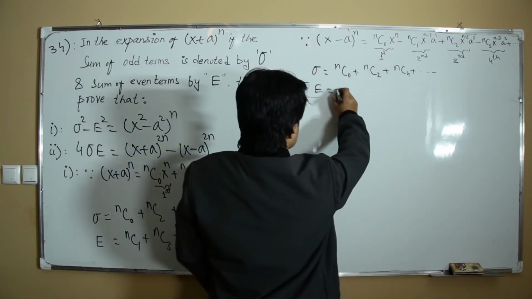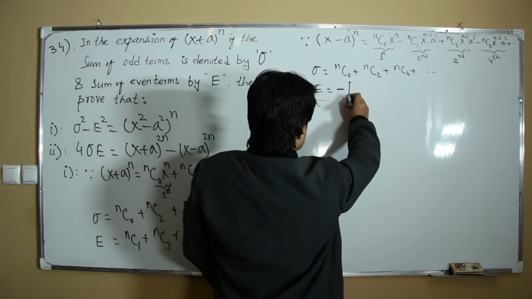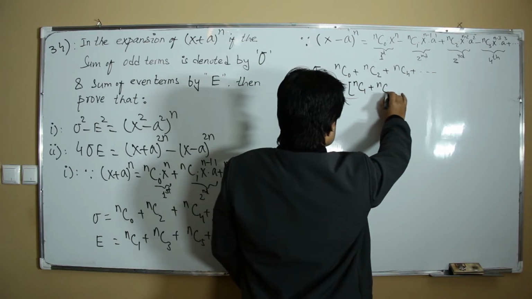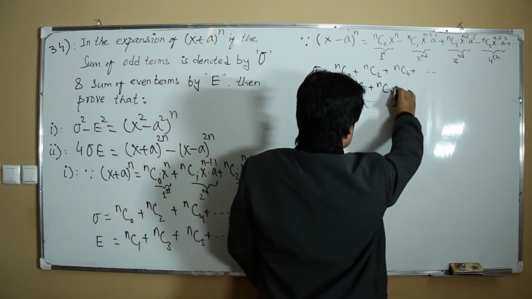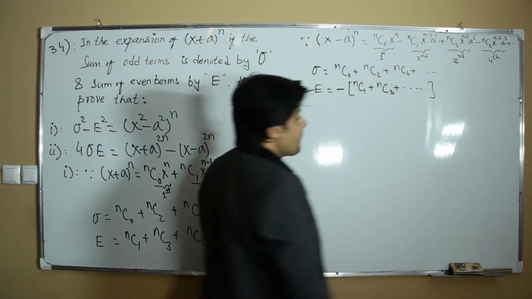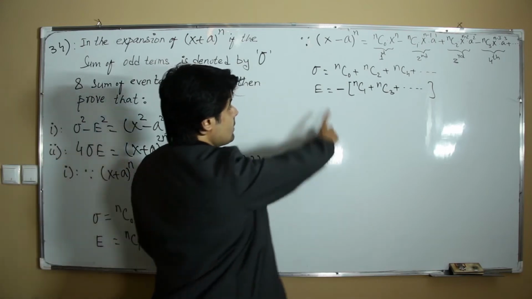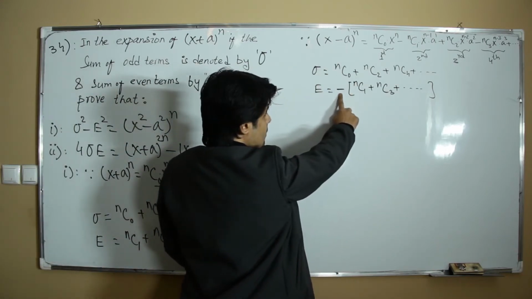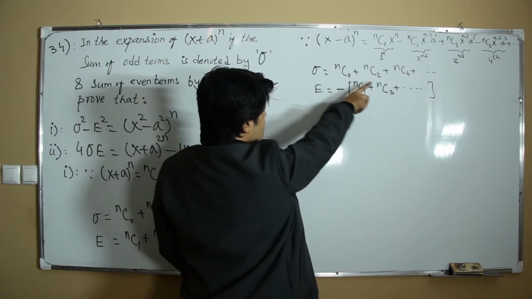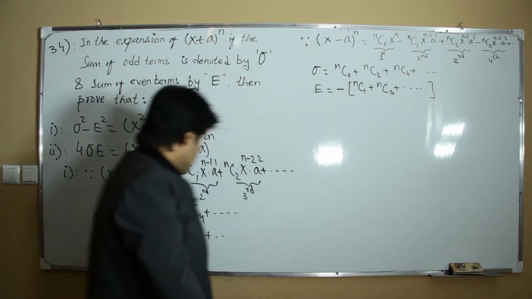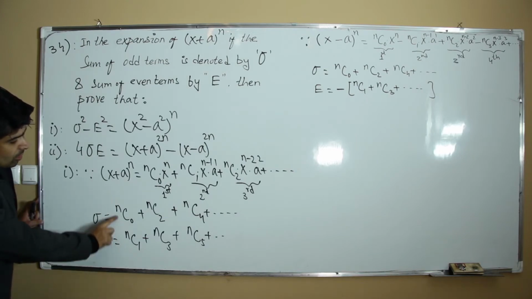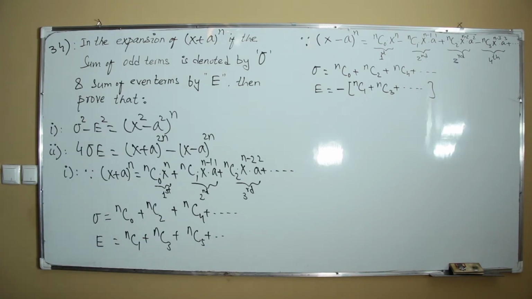I mean, it is negative, but they are nC1, nC3, like this one. The even terms in this expansion has negative sign, but the odd terms has positive sign. And here both odd terms and even terms has got the what? Has got the positive sign.